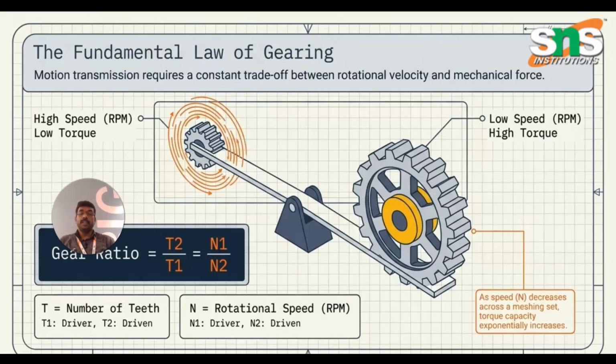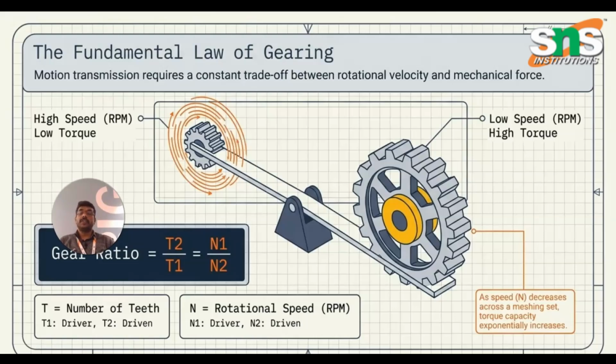Then the input gear, which is also called a driver, has N1 speed in RPM, and the output taken from the driven gear is N2. So for gear 1, the speed given is N1, and the speed obtained from gear 2 is N2.